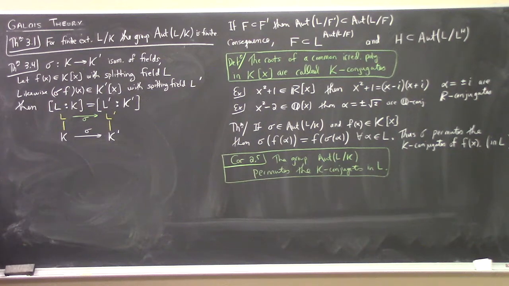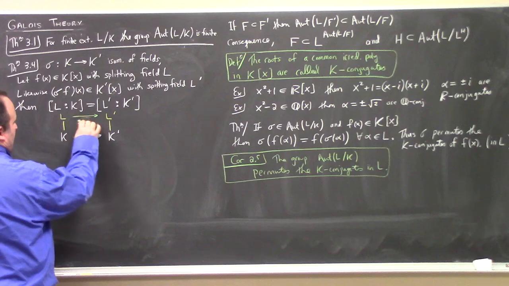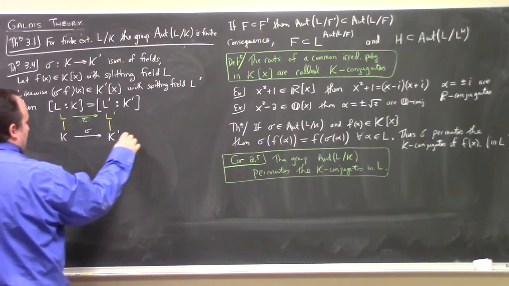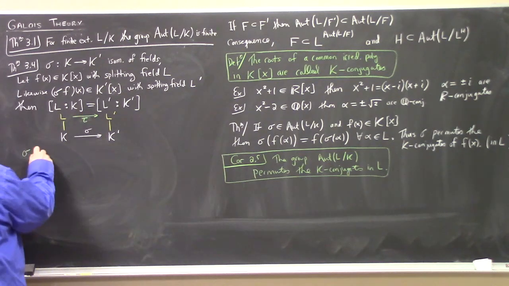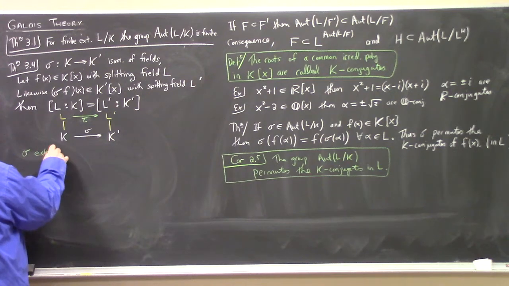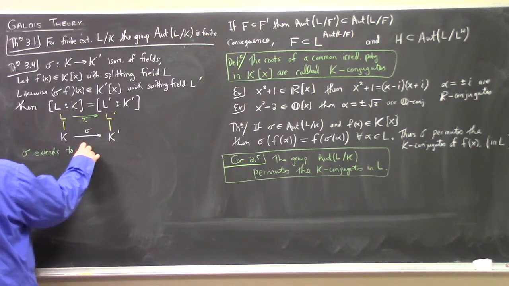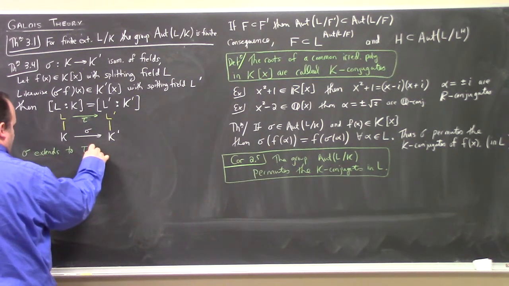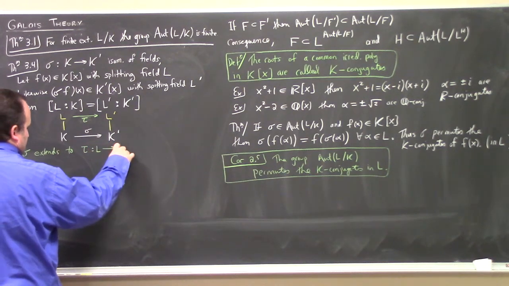So sigma extends, instead of using sigma, let's use tau up here, okay? So sigma extends to tau. What does it mean that it extends?